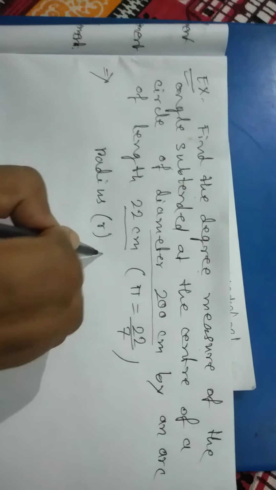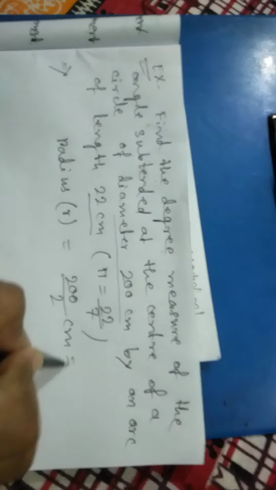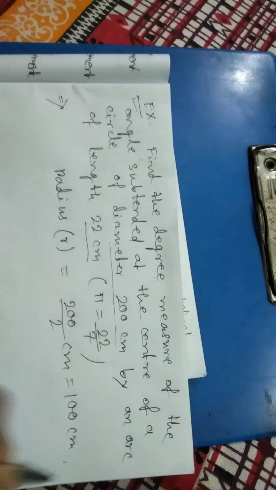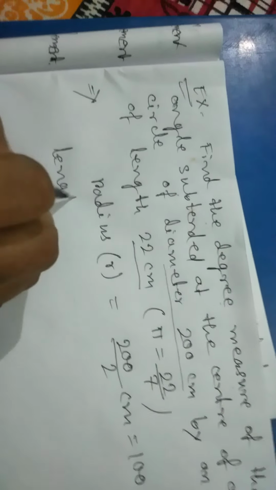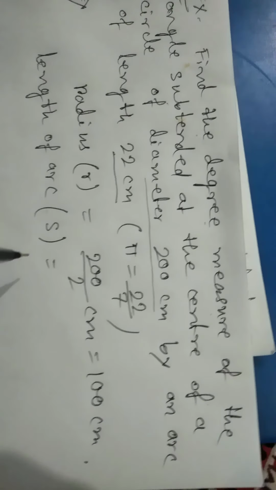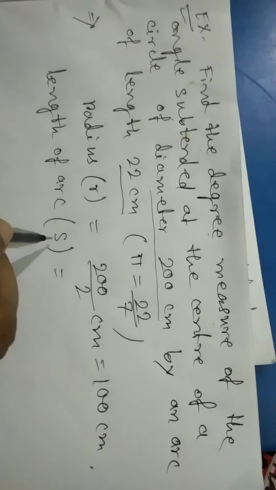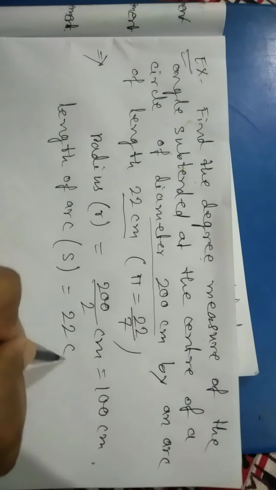Radius will be 200 by 2 centimeter, that is 100 centimeter. Length of arc is denoted by S, or sometimes it is written as small l. The length of arc is given as 22 centimeter.